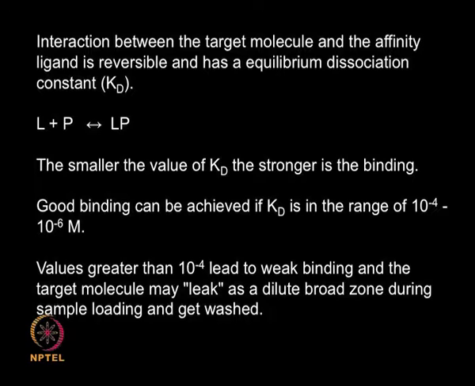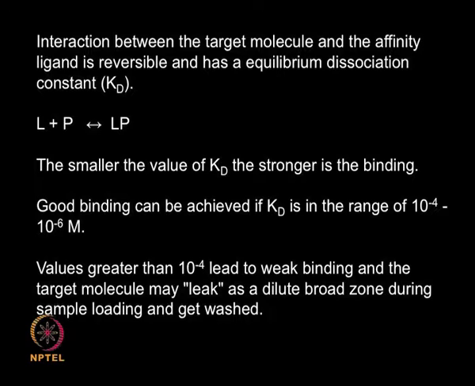So the interaction between the target molecule and an affinity ligand is always a reversible process and it is an equilibrium process. So there is something called a dissociation constant. So if L is the free ligand, P is the protein, it forms a complex called LP and this is a reversible reaction. And this equilibrium dissociation constant is called Kd.